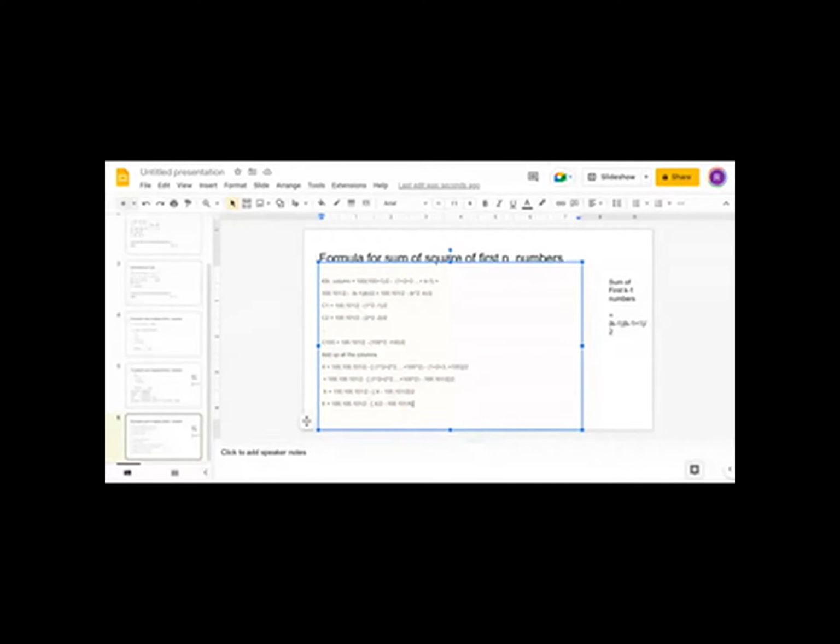Now tell me when you take the x by 2 to the other side of the LHS, what will we get? Will I get 2x or will I get something else? 2x. Is it 2x? See, there's a by 2 here. This becomes an x by 2 here. If I take this to the left side, what will I get?